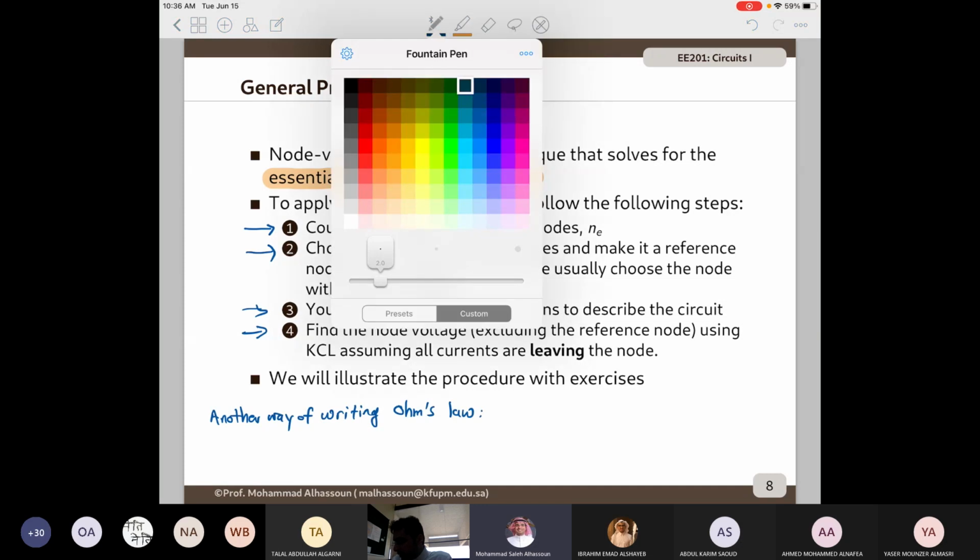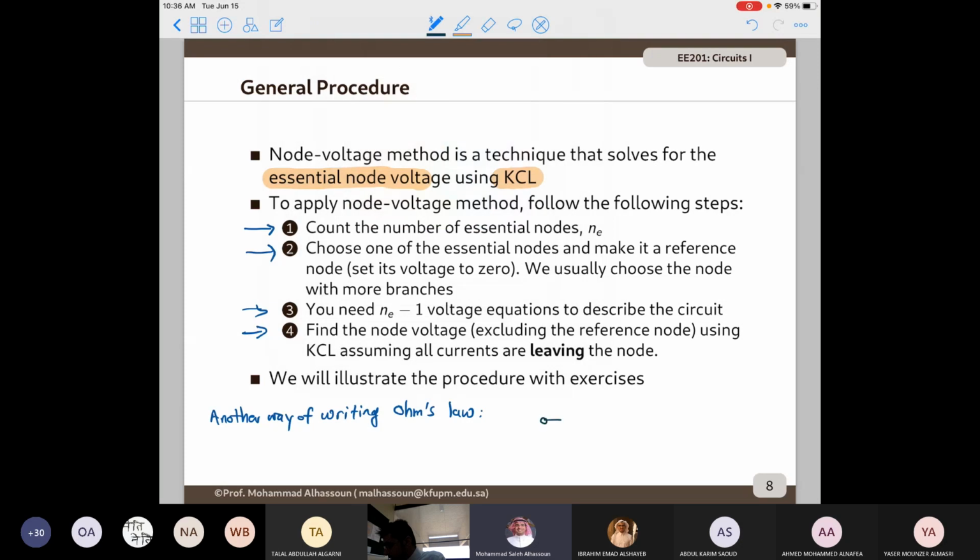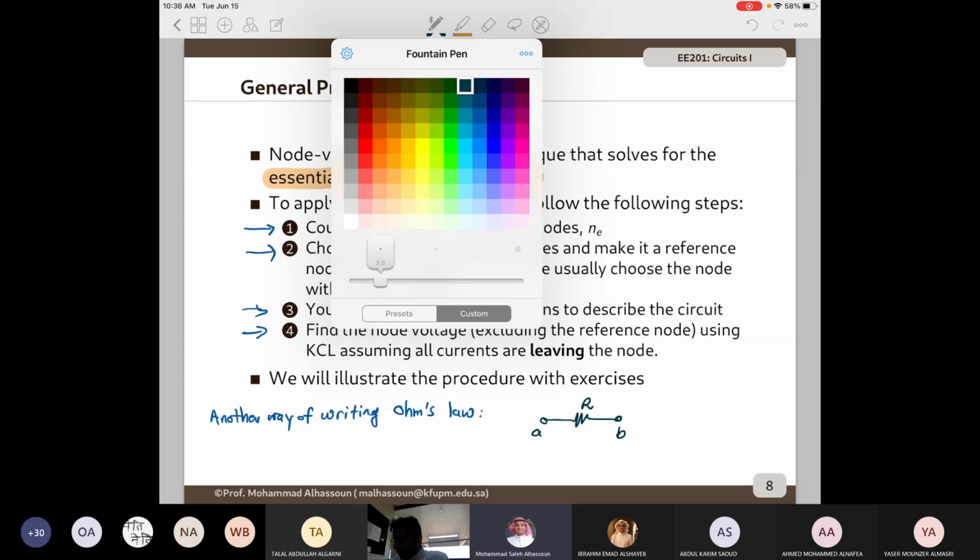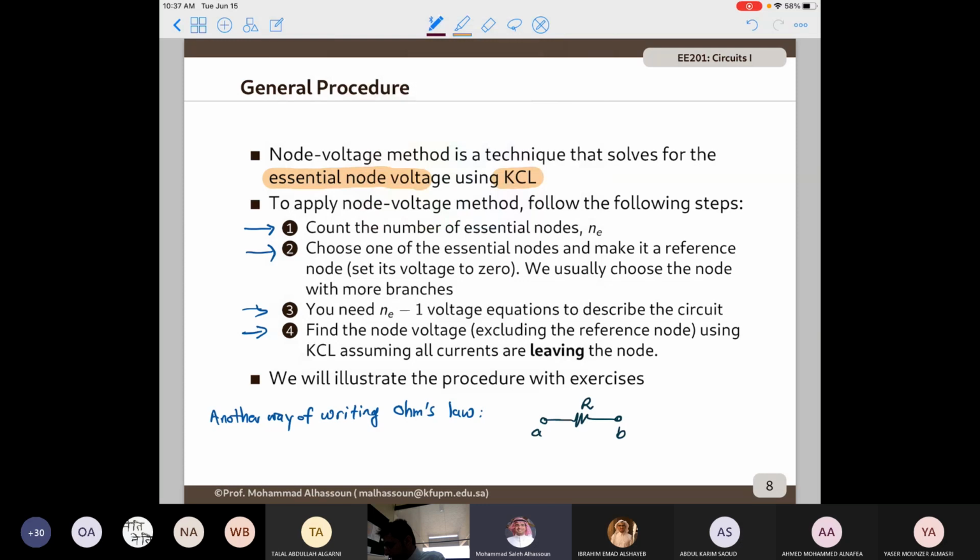If I give you this circuit, where this is node A, this is node B, and this is the value of the resistance R, and I ask you to find the current I flowing in this direction, then from Ohm's law, I will be VA minus VB divided by R. VA minus VB is the voltage drop across the resistor, and R is the value of the resistance.